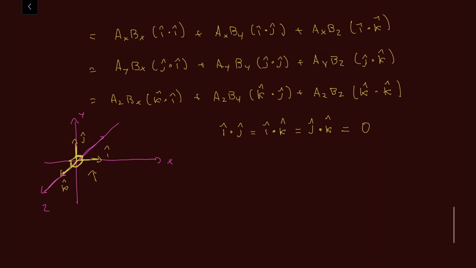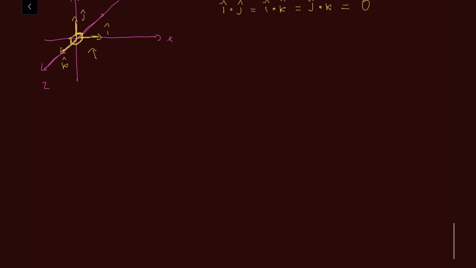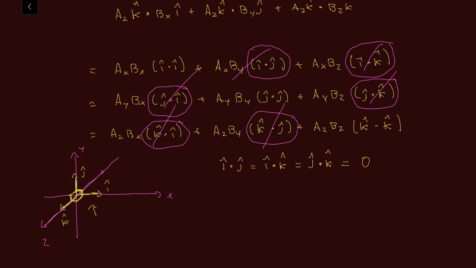And what that's going to do is that pretty much anytime we see a unit vector dot product with a unit vector that's not itself, such as these cases, and here, all of these are going to equal 0, and the whole term just goes away. Now, what we're left with are these terms where the unit vectors are scalar producted with themselves.